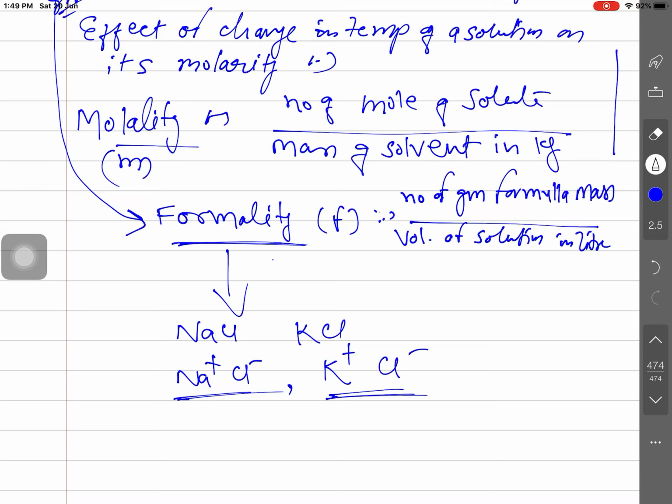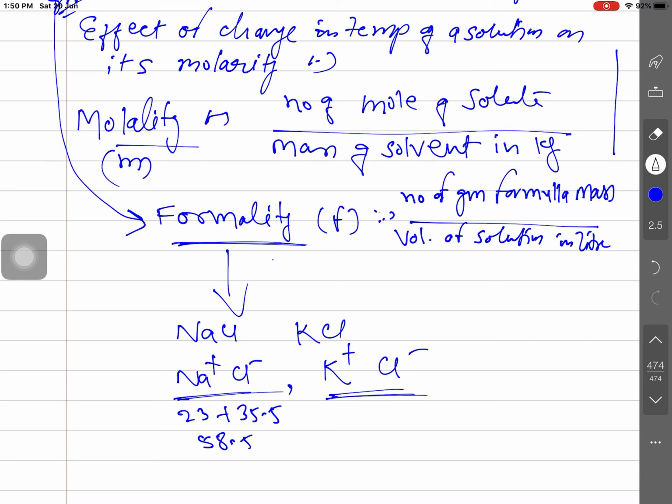Their formula mass is the sum of atomic masses, 23 plus 35.5, which is 58.5. 58.5 grams is the gram formula mass of sodium chloride.